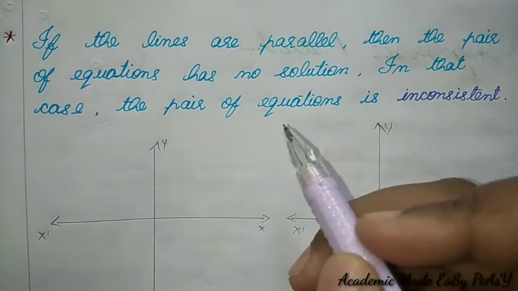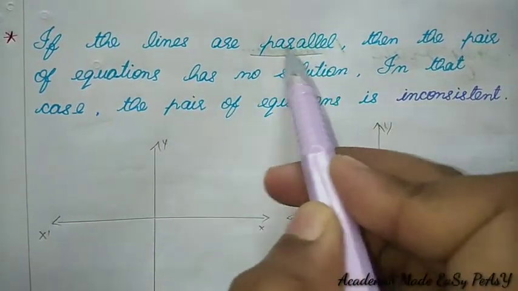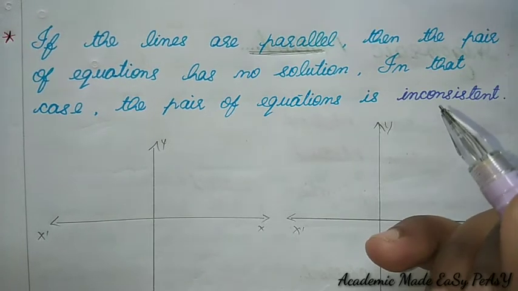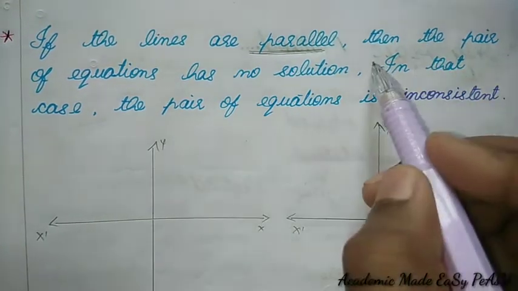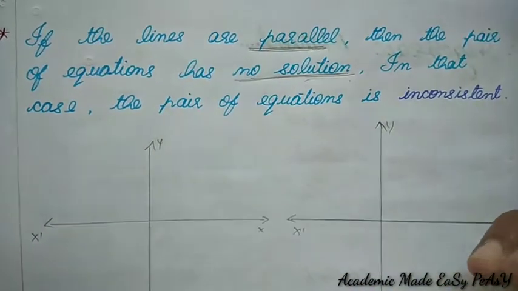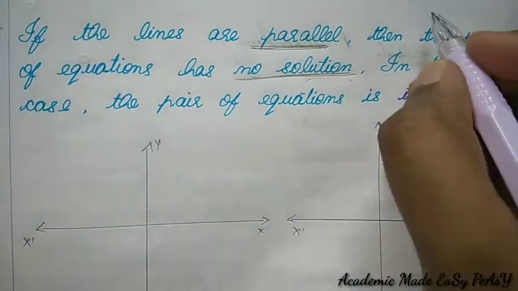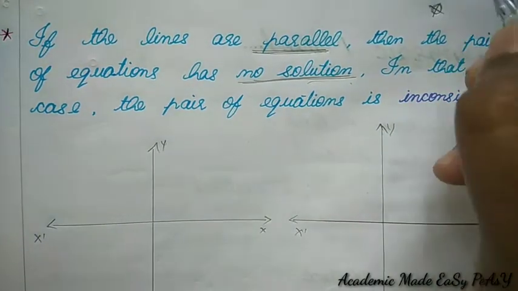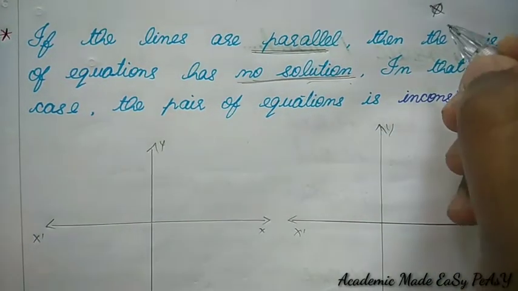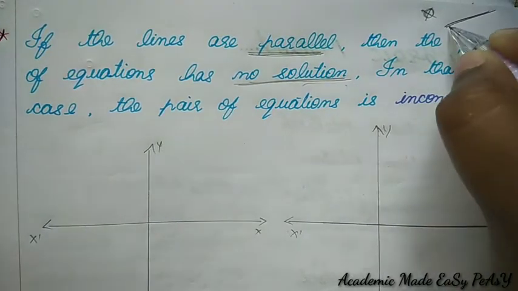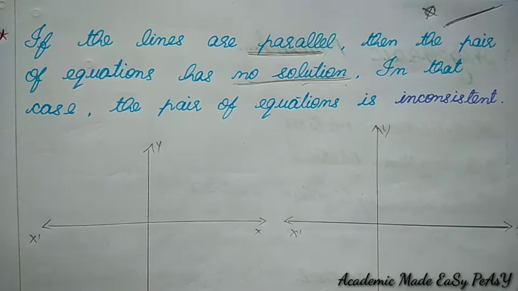And the final case is if the lines are parallel. Do parallel lines meet at any point? No, not at all. Then the pair of equations has no solution. What is the condition there? If we have some intersection point, that point is a solution for the given equation. If it is coinciding also, we have common points at every point at which it is passing.